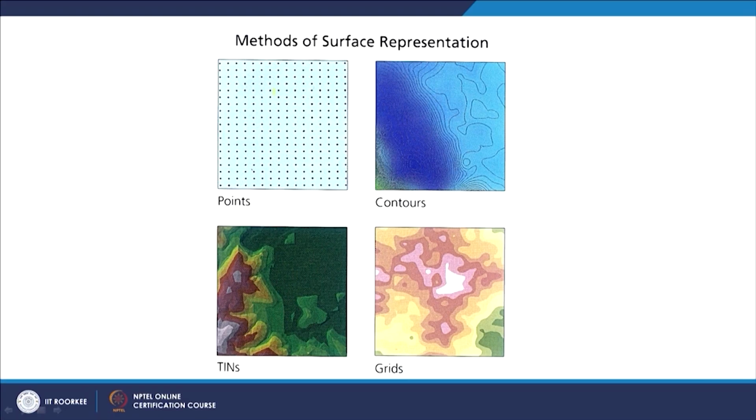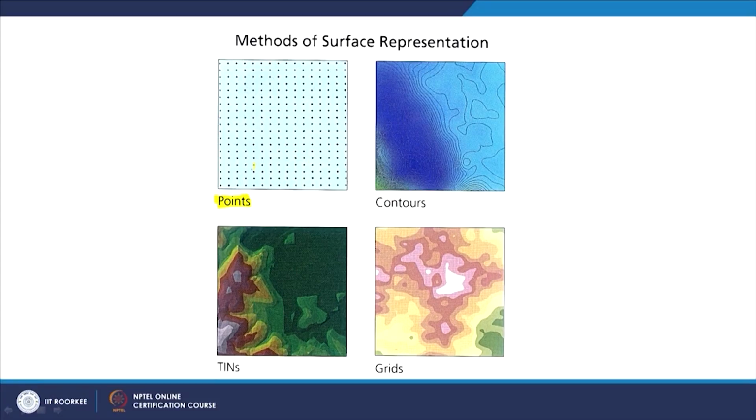One way is that we have systematic point information, which is not very easy to get because nobody collects data in a systematic manner. But anyway, theoretically we have systematic values against each point. If I consider these all as elevation values, then against each point here on the top left we have some elevation value.